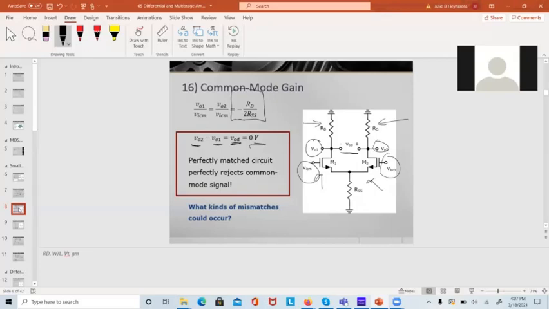The big mismatches we can see here are RD and GM, the gains of the transistors. We'll look at those, and it pretty much turns out any kind of mismatch is going to have the same effect on the common mode rejection.